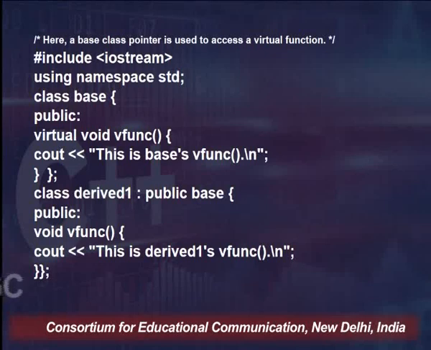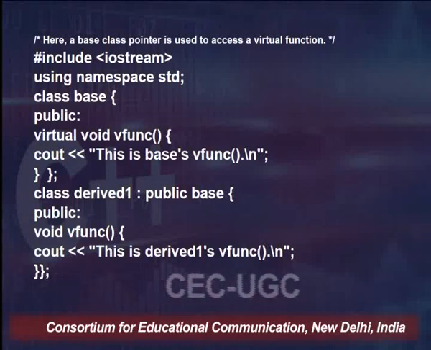Then we have a derived class, which inherits the base class defined just above, and within its public section we have one vfunc. Please notice there is no keyword virtual when we are redefining the function inside the derived classes, whether it is derived class 1, 2 or 3 for that matter.